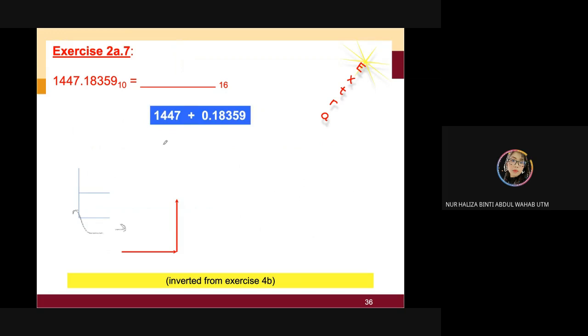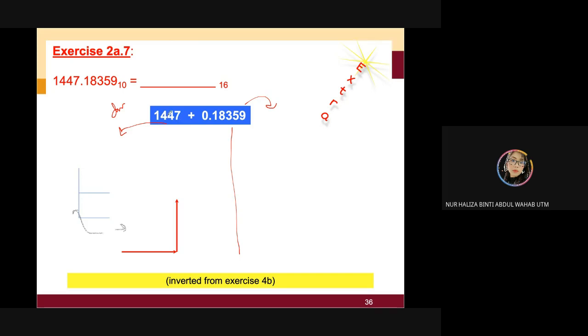Okay, let's say you have this kind of number: 147.18359. You need to divide it into 2. First, this part you do the successive division, and then this is a successive multiplication.